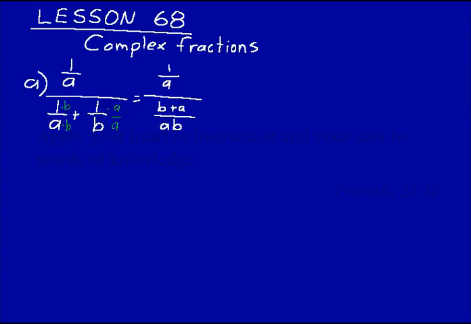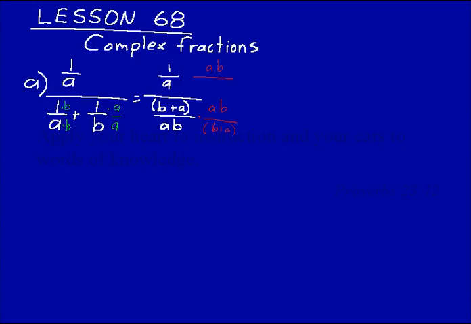Okay, now we can go ahead and simplify the entire fraction, and it's always a good idea anytime you have a sum in the numerator or denominator of a fraction to put that in parentheses to remember that as one group. So next we invert and multiply above and below by the inverted denominator, ab over b plus a.